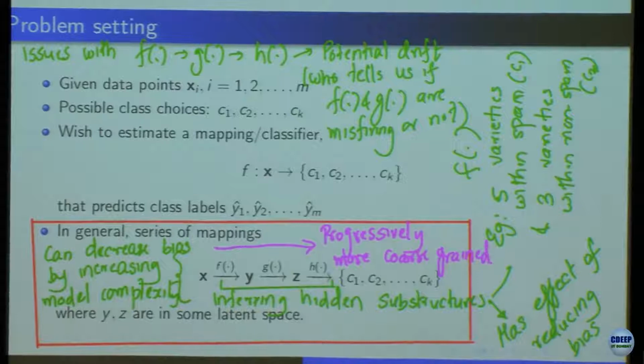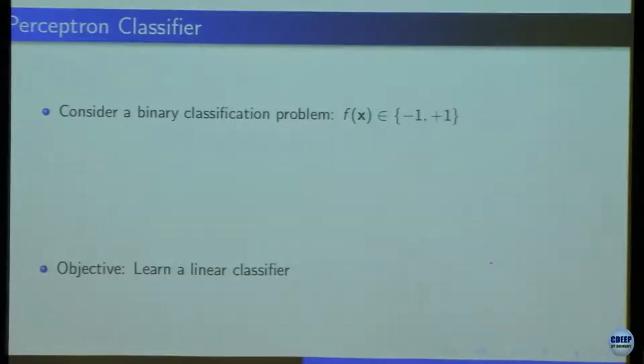Okay, so we will move on. The perceptron classifier is a linear classifier. The objective is to learn a linear classifier, and it basically functions as follows. I am going to use output as +1 and -1.